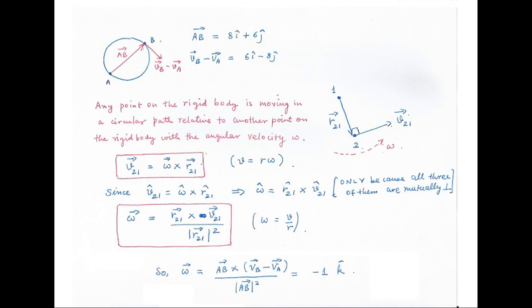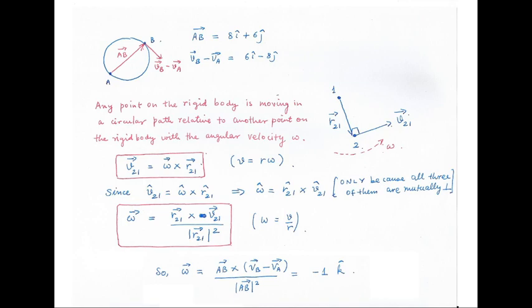And what this relation is telling us is that if I have 2 points on a rigid body and I know their relative velocity, which is v21, and I know r21, which is their relative position, which is the position of 2 relative to 1 as seen from 1.